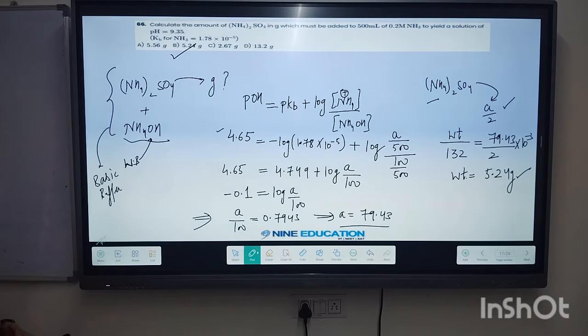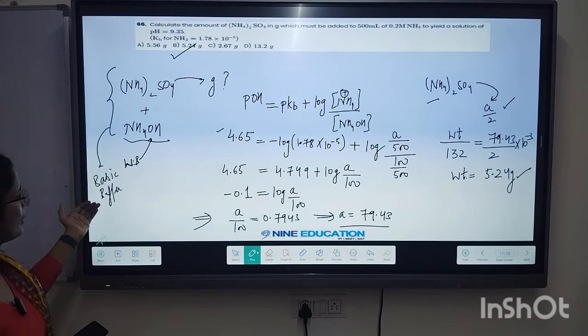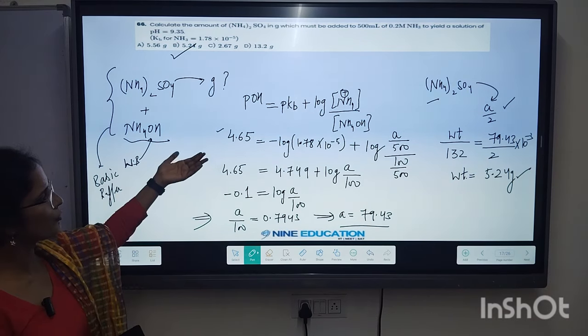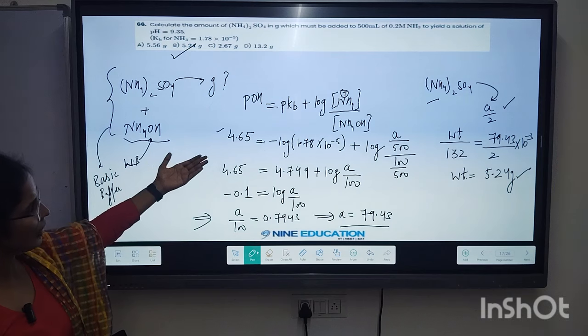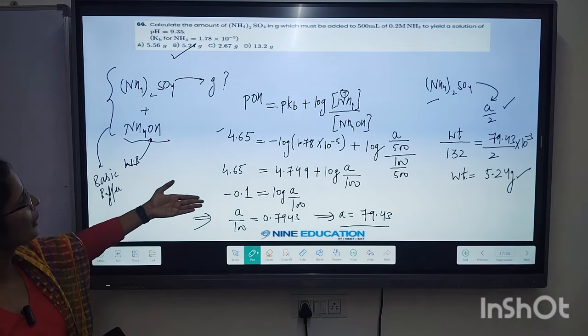So again, if I need to discuss the key points of this particular question, try to understand what solutions they are providing you. They are telling we are having some ammonia solution in which we are adding ammonium sulfate, and how much gram should be added to give a solution of pH 9.35. As it is going to make a basic buffer solution, first of all solve this expression for pOH by applying the formula.